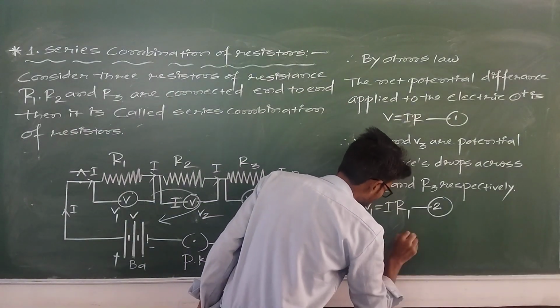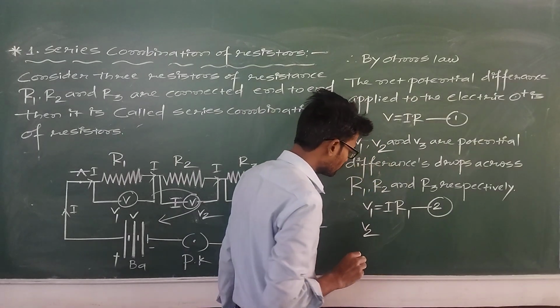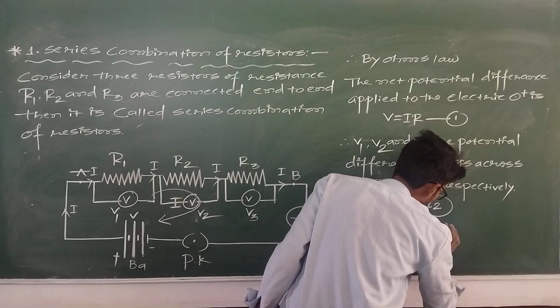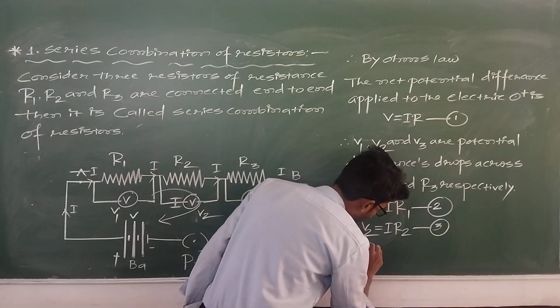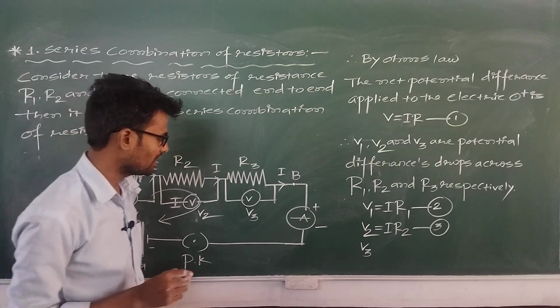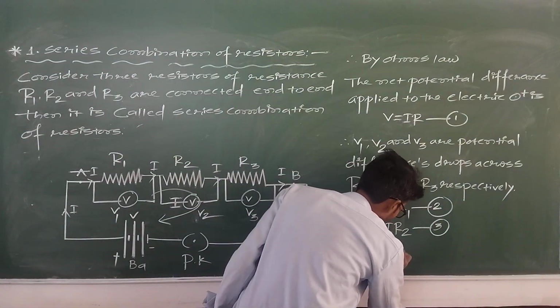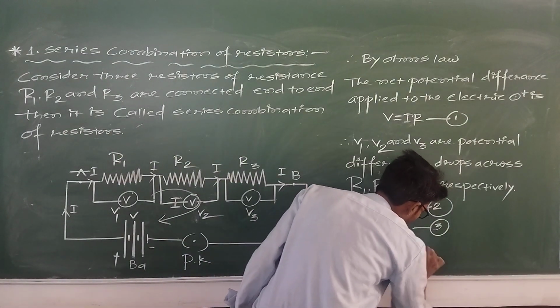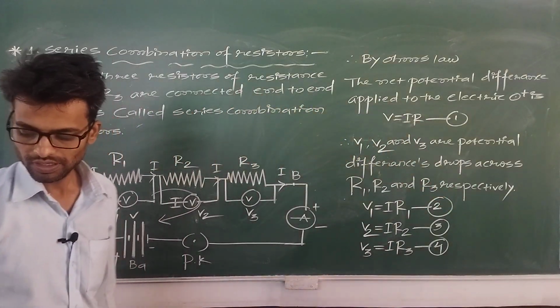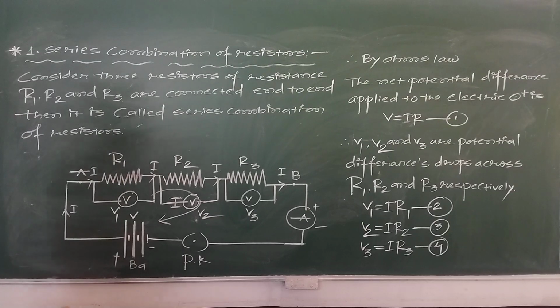Next, the potential difference drop across R2, V2, is equal to IR2, equation number 3. And the potential difference drop across R3 is V3, equal to IR3, equation number 4.